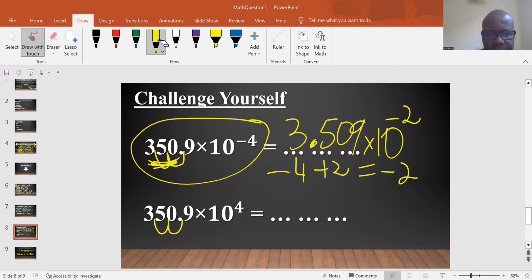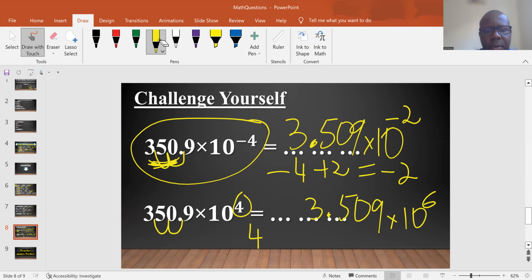So we're going to have 3.509 multiplied by 10 raised to 6th power. Why 6? Because before we have a 4 here, and left means the power goes up. So power goes up here 2 units. Up 2 is +2, and 4 plus 2 is 6. The reason the power is 6 there.